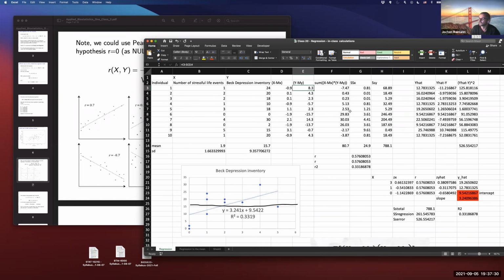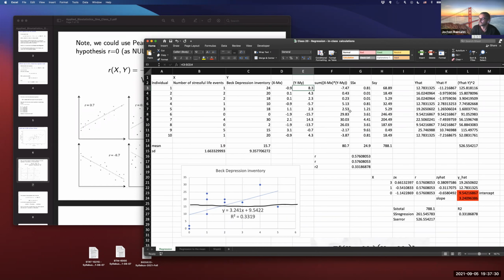This is the sum, from i equals 1, individual number 1, to i equals n, which is 10. We get the individual squares, and here we get the sum of squares of x and the sum of squares of y.